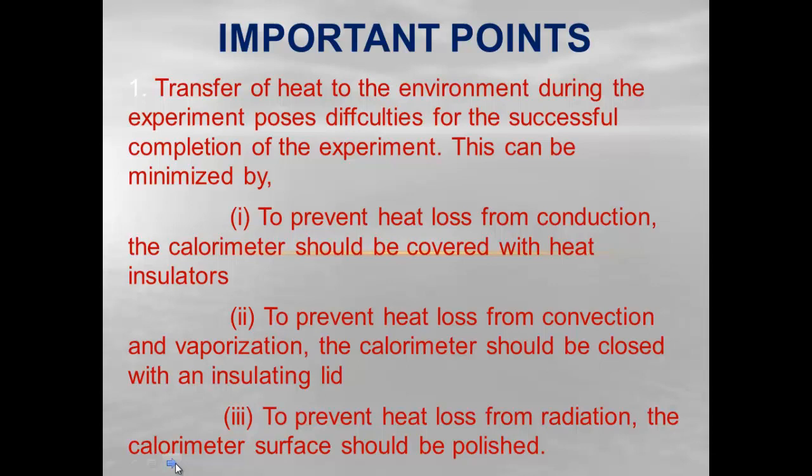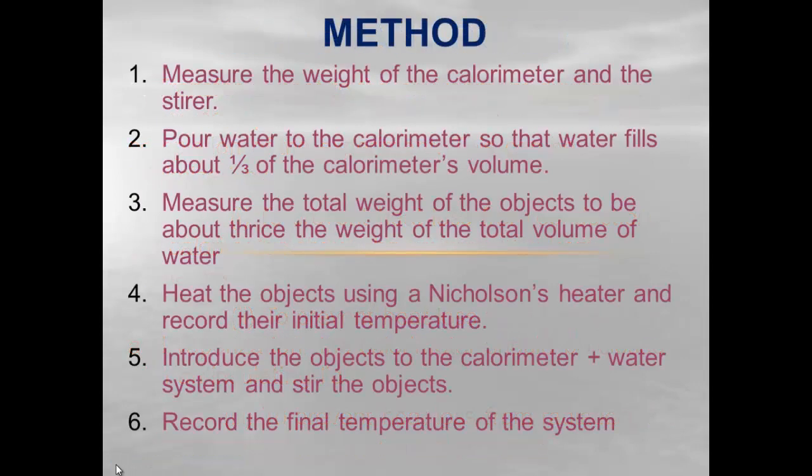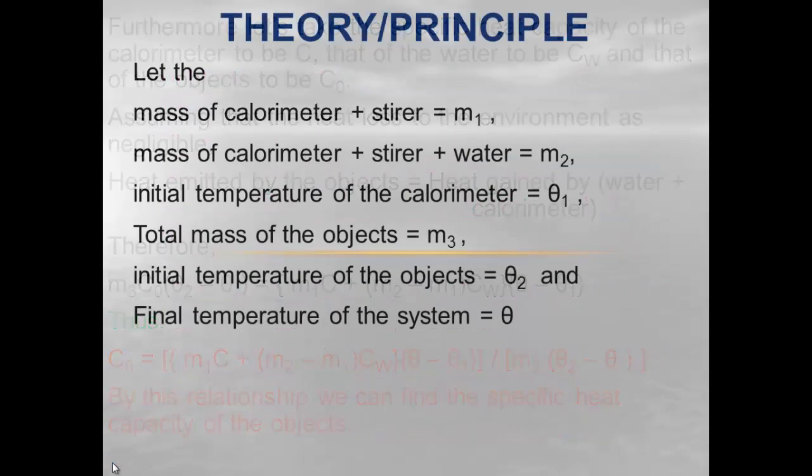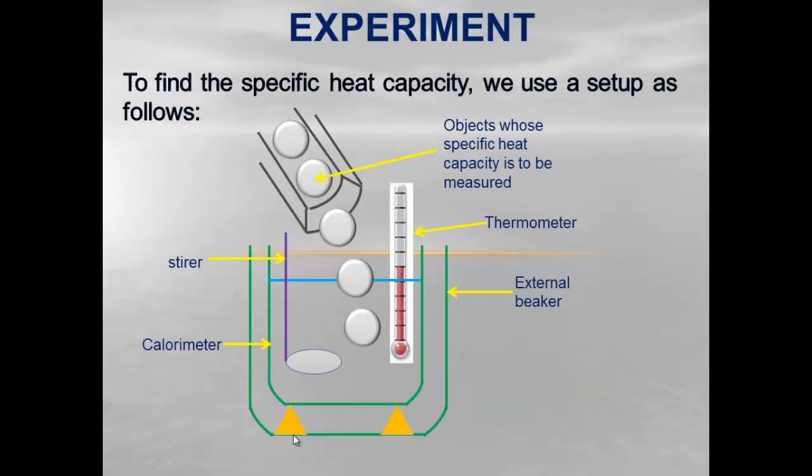Now let's consider some important points in this experiment. As I mentioned in this slide, these two supports are needed to prevent conduction. There are three main ways as to how heat can be lost.